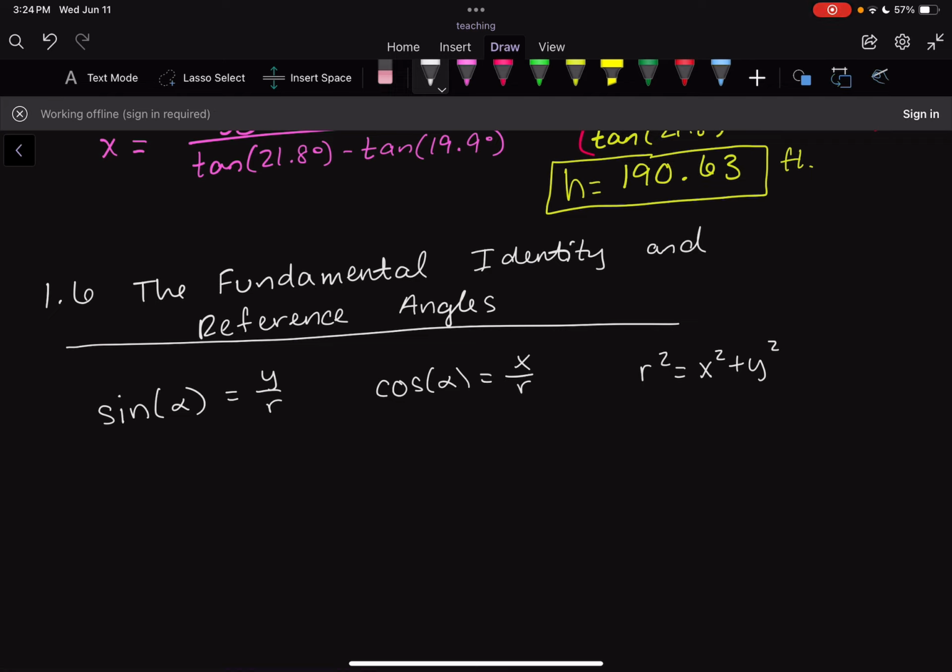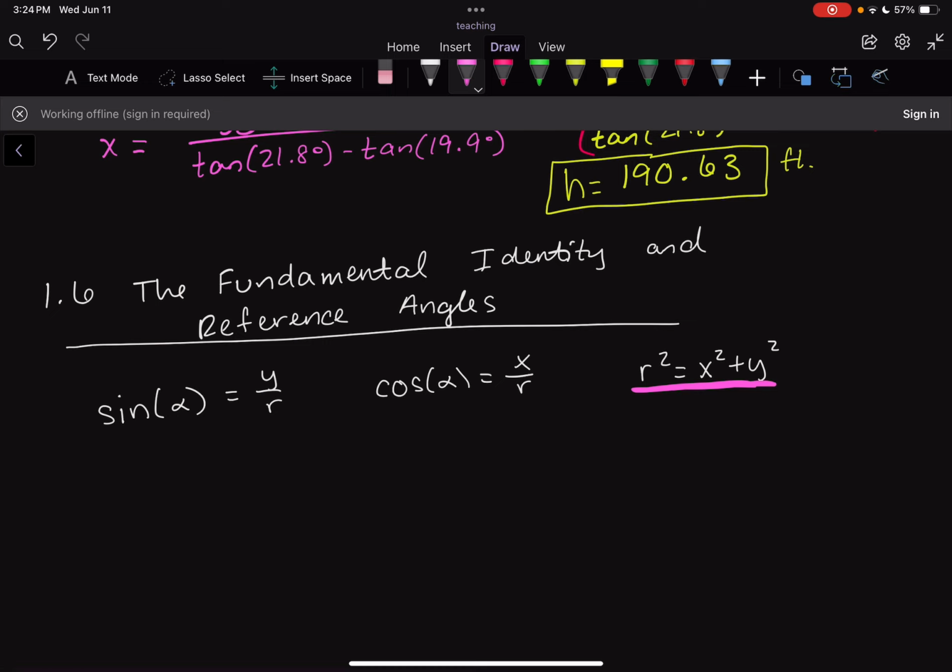So something that I want us to look at is what happens if I square the sine, square the cosine, and then add them together. Basically what I'm doing here is I'm trying to repeat Pythagorean theorem, but using sine and cosine. So I'm going to write it in here.